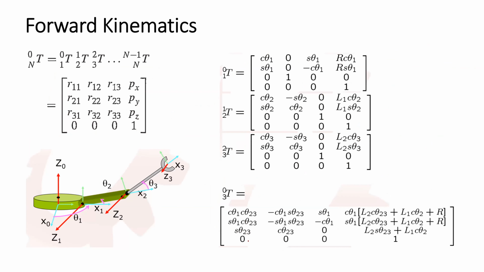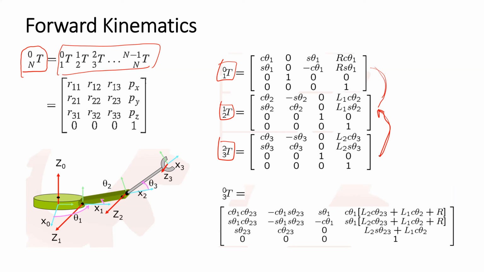Yeah, we know that the total homogeneous transform is the product of the components of the homogeneous transform that relate the neighboring frames. So when we obtain the matrix product of these three matrices, the result will relate frame 3 to frame 0.